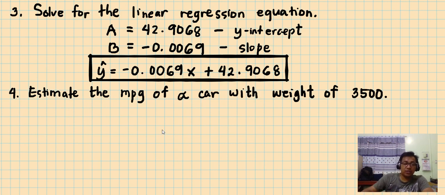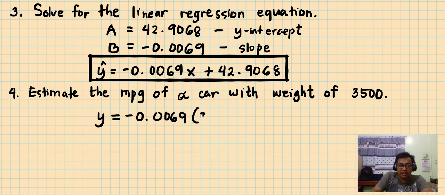So, ibig sabihin nito, we can estimate the MPG or miles per gallon of the car if we are given the weight. Simply, ang gagawin lang natin is to use our linear regression equation y is equal to negative 0.0069, and then let us just substitute yung x, gawin natin 3,500 plus 42.9068.